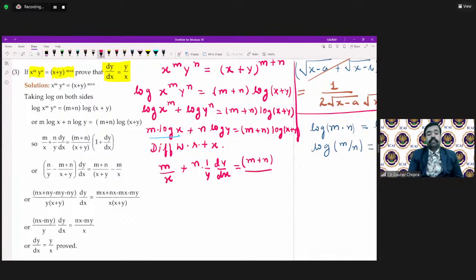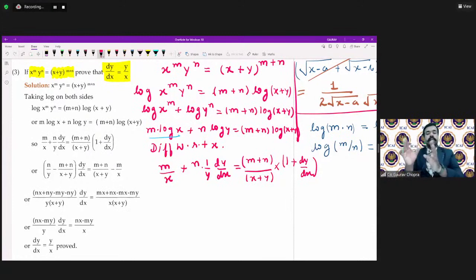So it will be 1 upon x plus y. And since we have some more function in the bracket, we can find out the derivative of x plus y as well. So multiplying with the derivative of x plus y: the derivative of x is 1 and for y it is dy by dx. So this was again the chain rule here, because it is log and something in brackets.